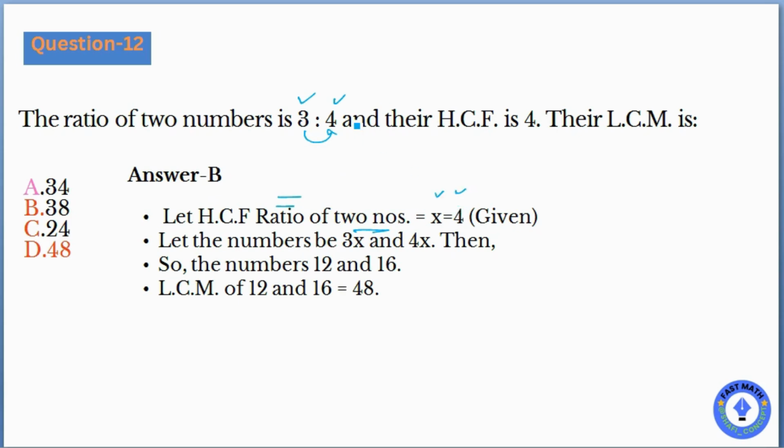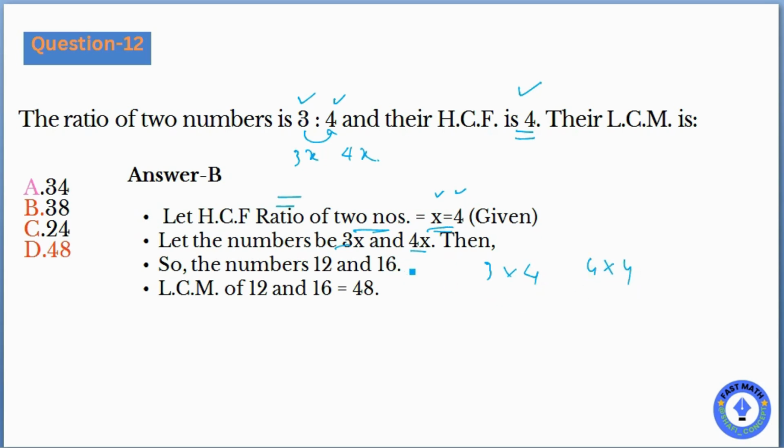So the numbers are 3x and 4x. As per the problem, the HCF is 4. That is, 3x is 3 into 4 and 4x is 4 into 4.